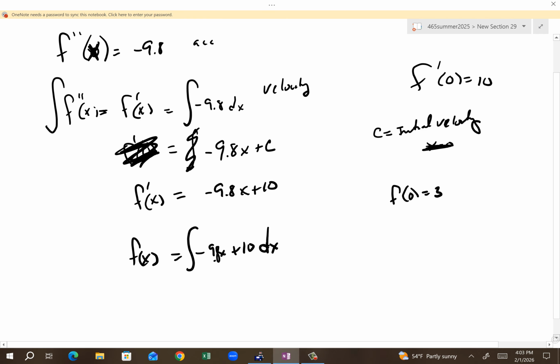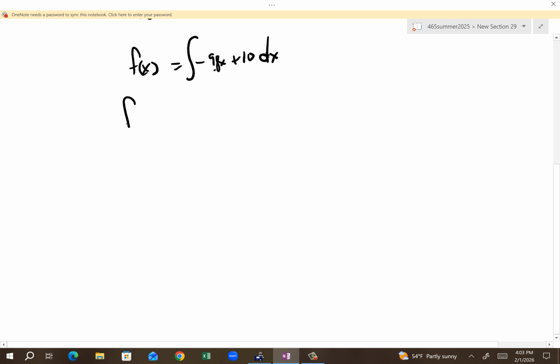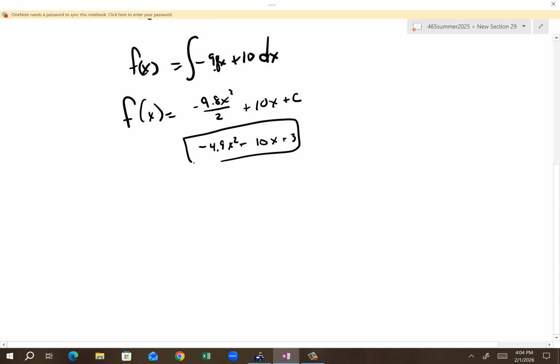Anyway, let's just make up a number, so equals 3 or something, whatever. So then that means that f of x is equal to negative 9.8x squared divided by 2 plus 10x plus c. And then at 0, it had to be 3, so this is negative 4.9x squared plus 10x plus 3. And that right there would be your final answer. And that's where that comes from.